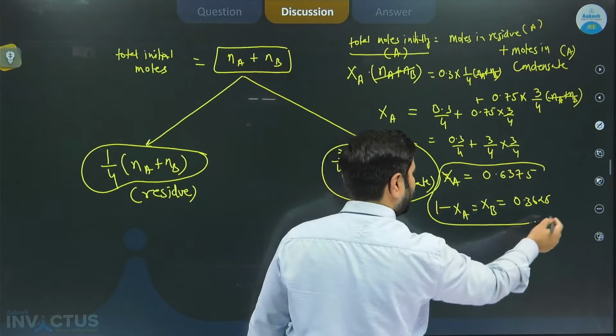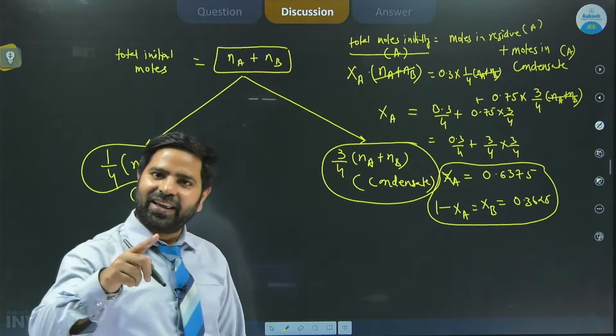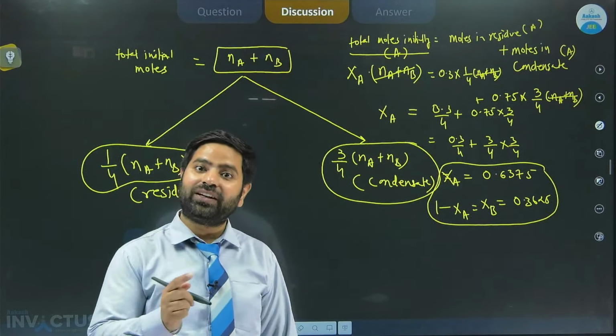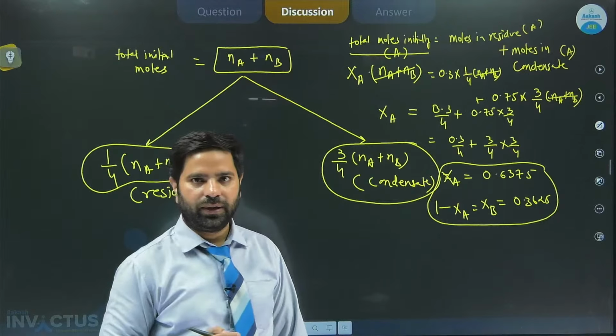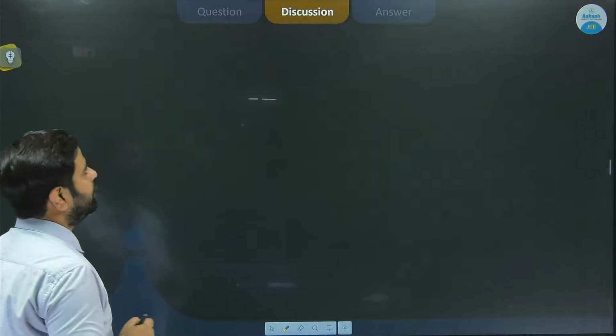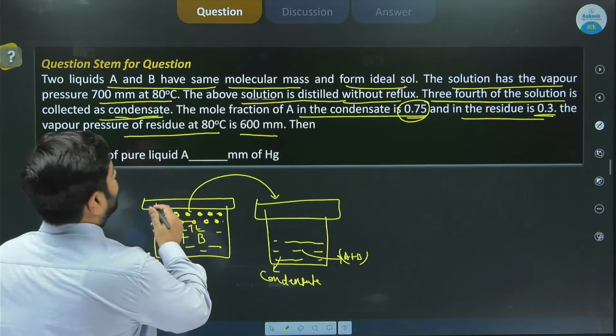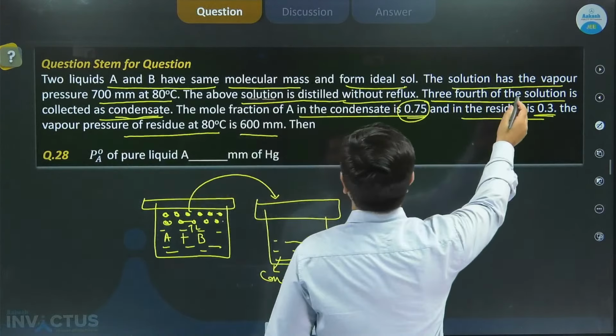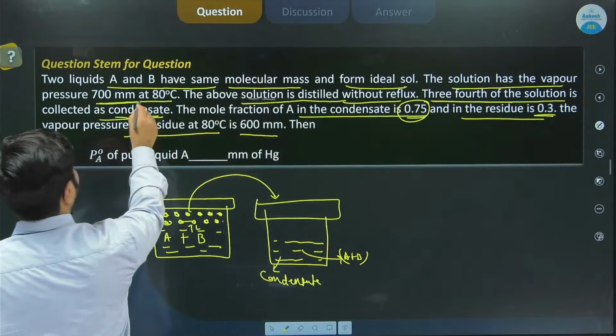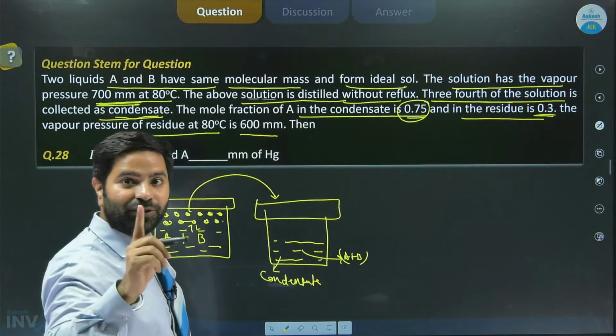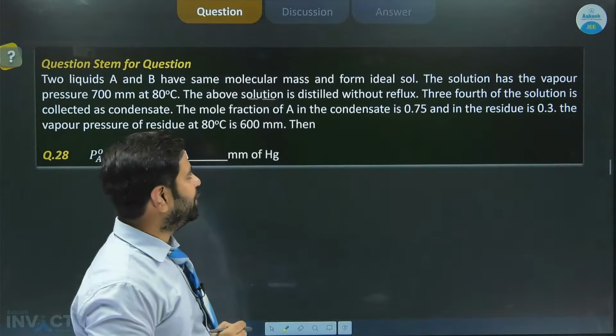Now we know the Xa and Xb originally present in the solution. Okay. Now read the question again. So what is given? The solution has the vapor pressure 700 mm. Initially the solution has the vapor pressure equal to 700 mm.